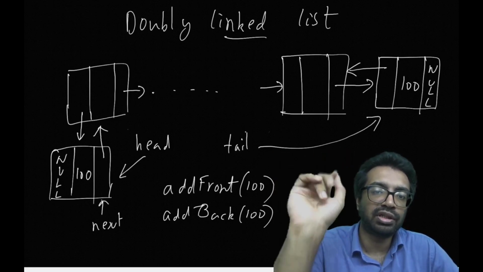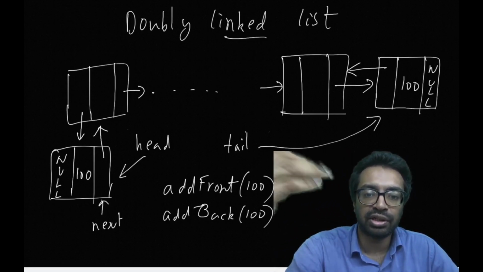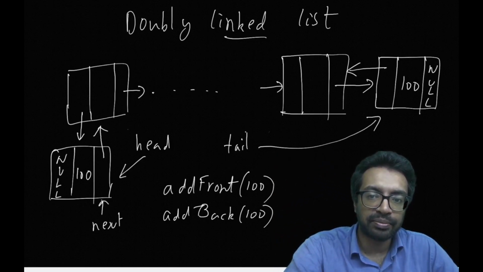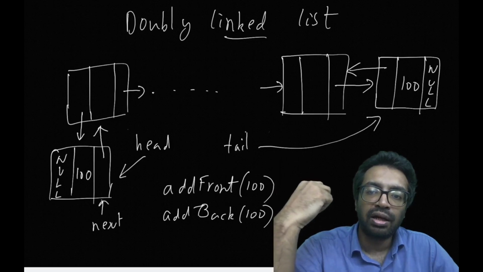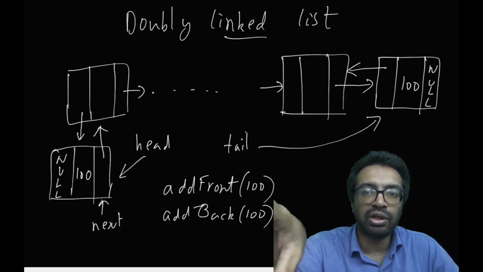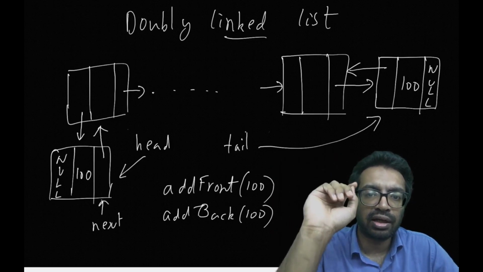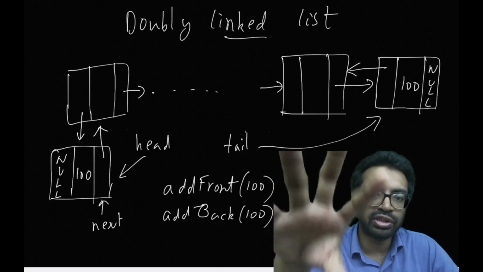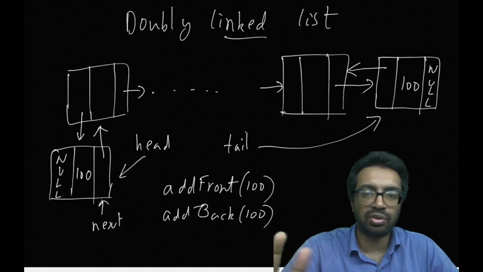Now the next question, addBack. Again, 2 nodes: the newly created node and the tail node in the original list. Those two nodes are the only ones I visited.